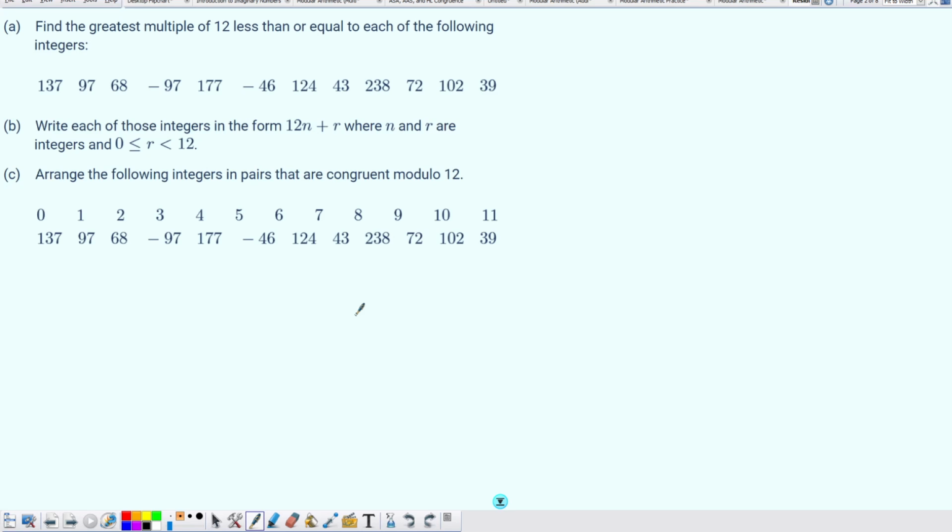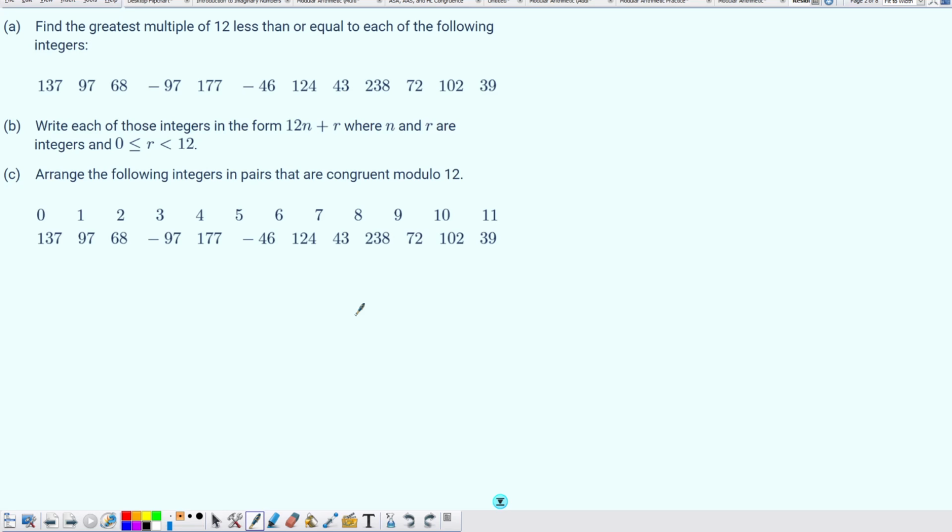Okay? So 137, 97, 68, negative 97, 177, negative 46, and so on. So, what are the greatest multiples of 12 that approach each of these values, but are equal to or less than them?